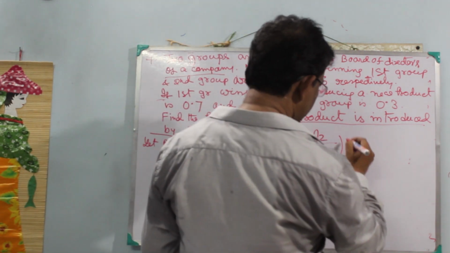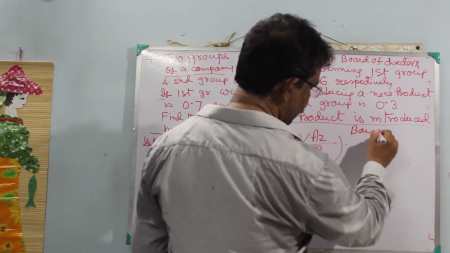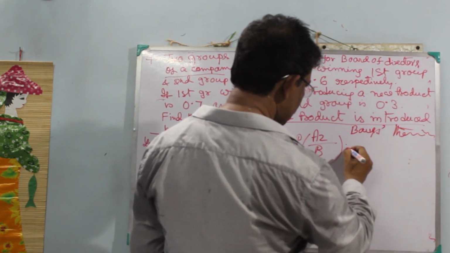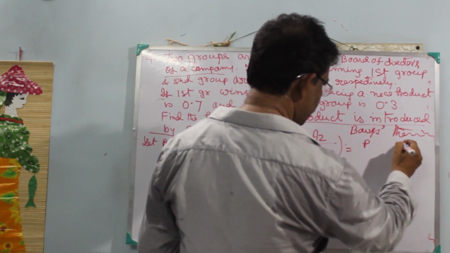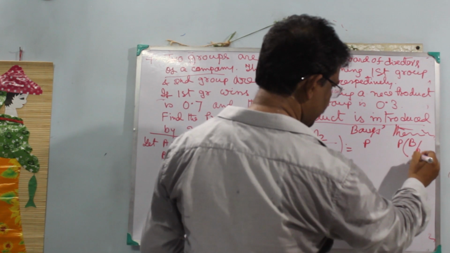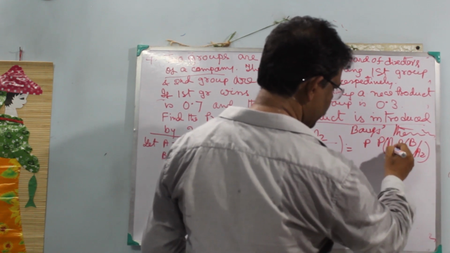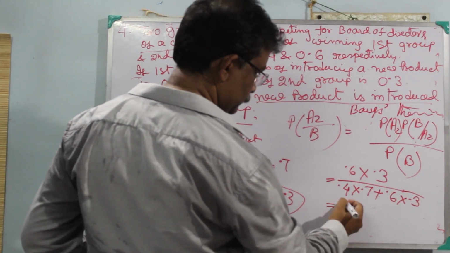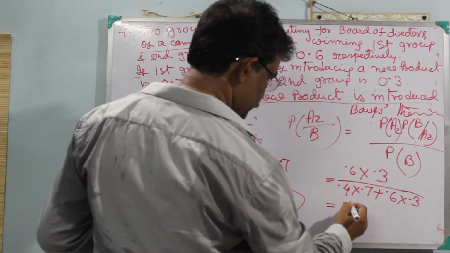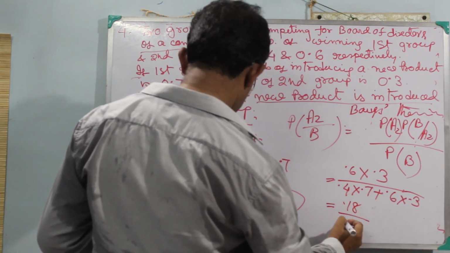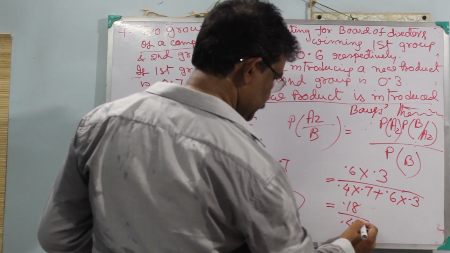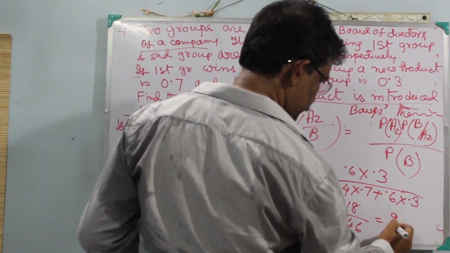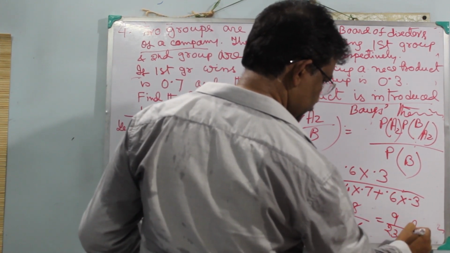So according to the Bayes theorem, this is equal to first flip, probability of B by A2 into probability of A2, divided by probability of B, equal to 18 by 46, equal to 9 by 23. Answer.